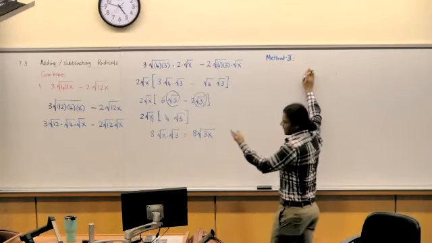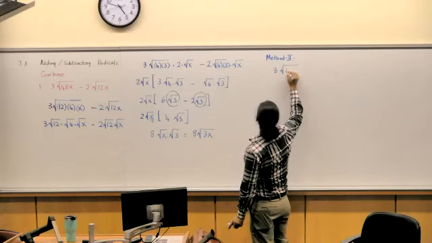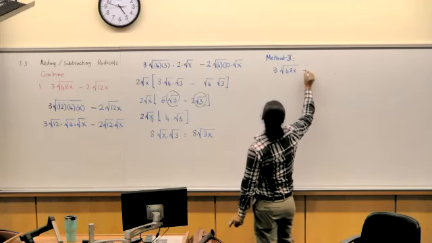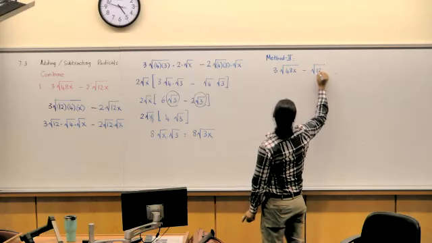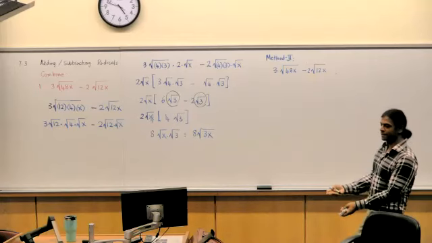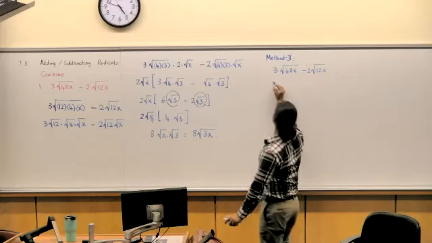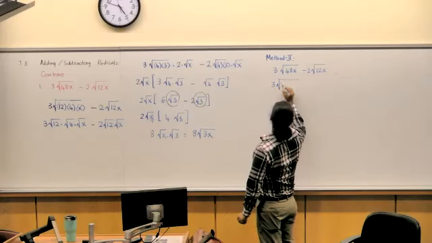So the other way of doing it: recognize that 48x can be written as 4 times 12x.